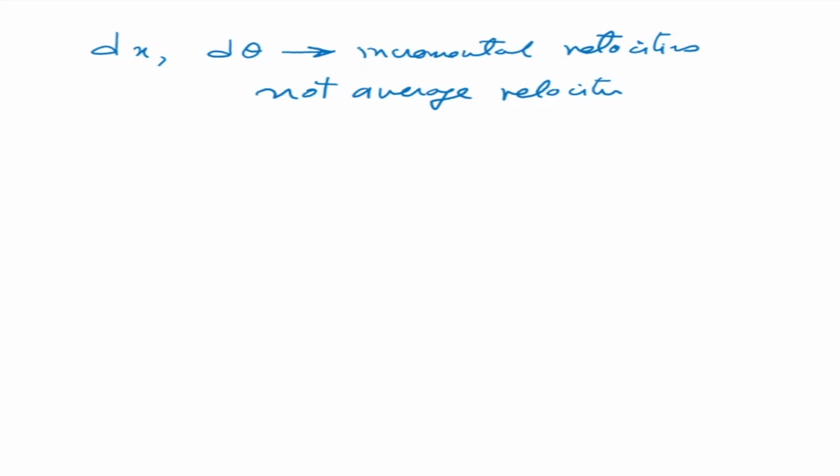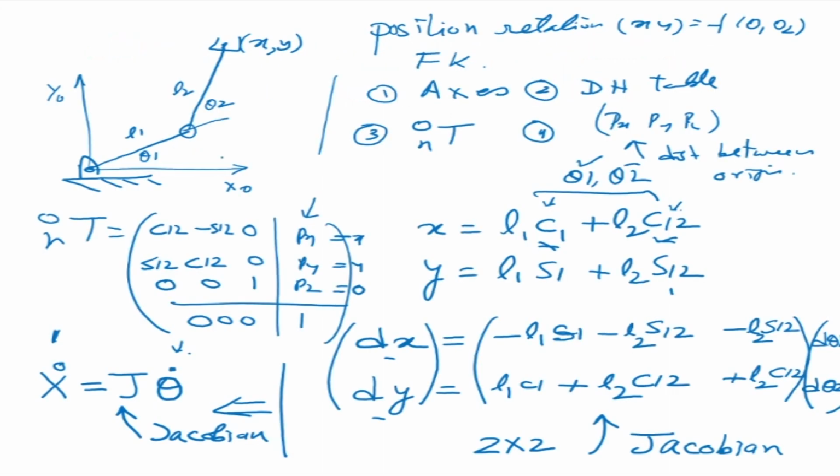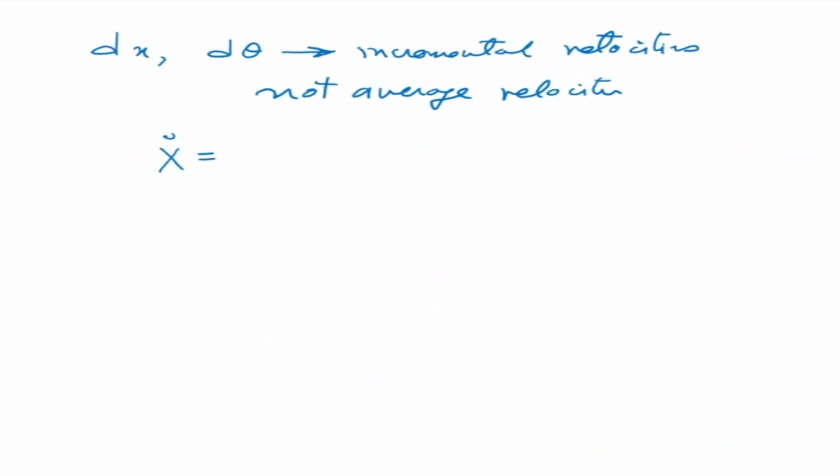Now what we did get is x dot is equal to, let's go back and look at that matrix again. So x dot is equal to J into theta dot. This full thing is my J. It's a 2 by 2 matrix. So x dot is equal to J into theta dot, where J is the Jacobian.